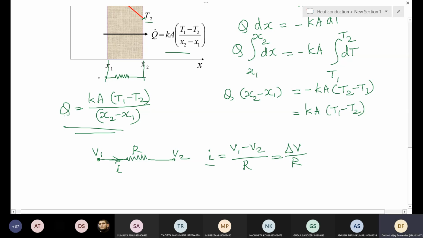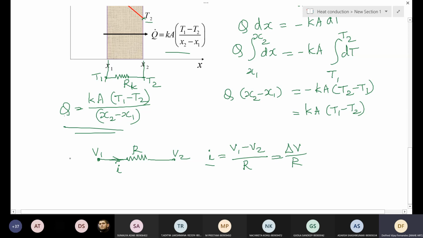So we can make the same analogy of an electrical circuit by putting a resistance for the wall. We have temperature T1 here, temperature T2 here, and this is the resistance to heat transfer. I'll write RK, and I'll tell you why I use that subscript K. What is this RK now?